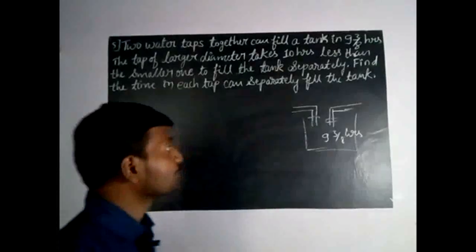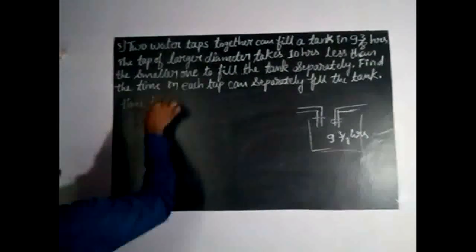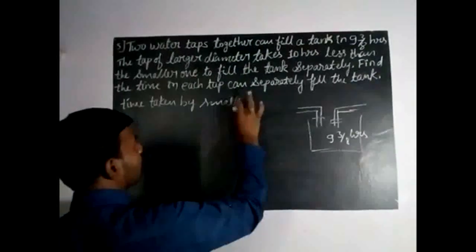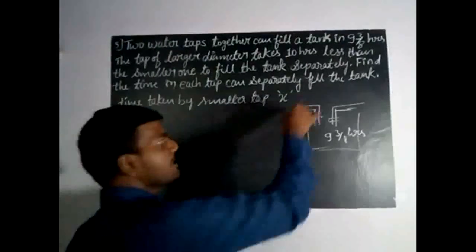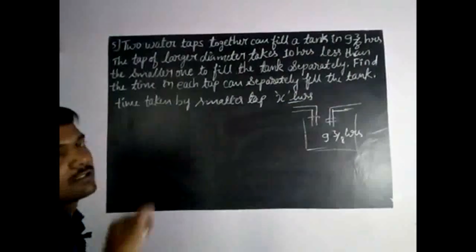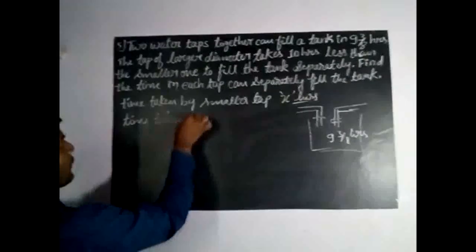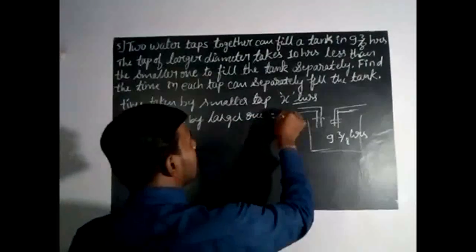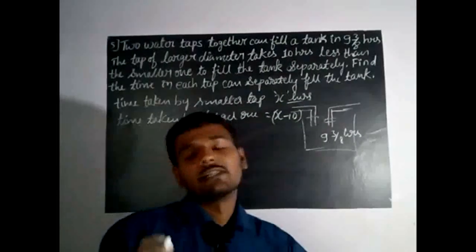Here the time taken by the smaller tap be x hours, and the time taken by the larger one will be x minus 10, because it takes 10 hours less than the smaller one.